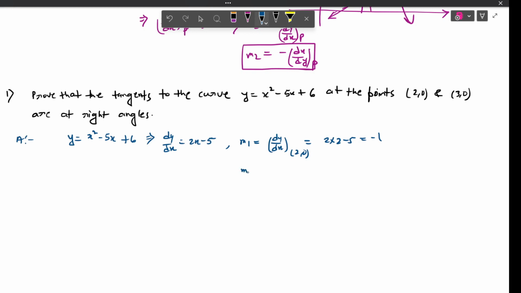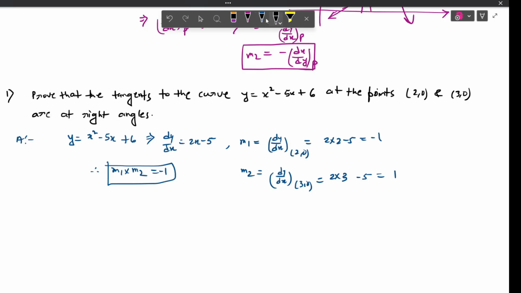And at point (3, 0) the slope m2 is dy by dx at (3, 0), which is 2 into 3 minus 5, that is 1. So the product of slopes m1 and m2 is minus 1. That means the tangents to the curve at points (2, 0) and (3, 0) are at right angles. So this should be very easy.